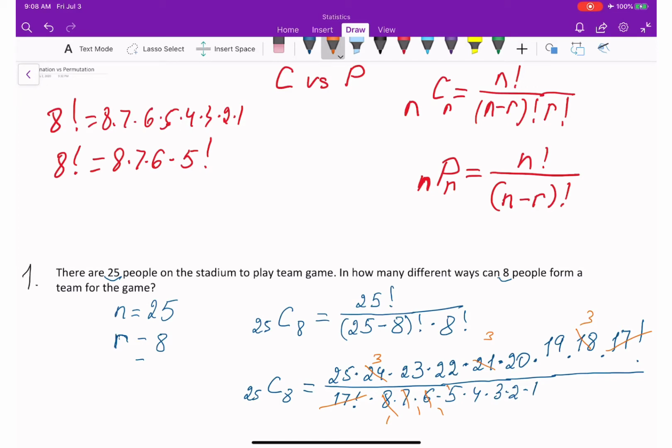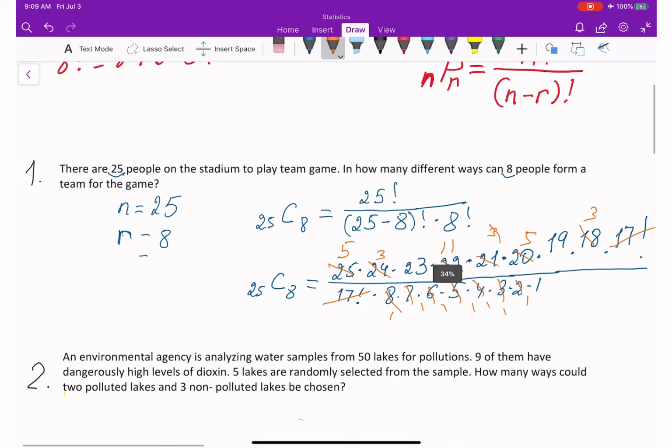And then 5 is going to go with 25. 4 is going to go with 20, it's going to be 5. 3, I can cancel this 3 with this 3. And then 2 I can cancel with 22, which will be 11. And 1. So let's see what we have left.